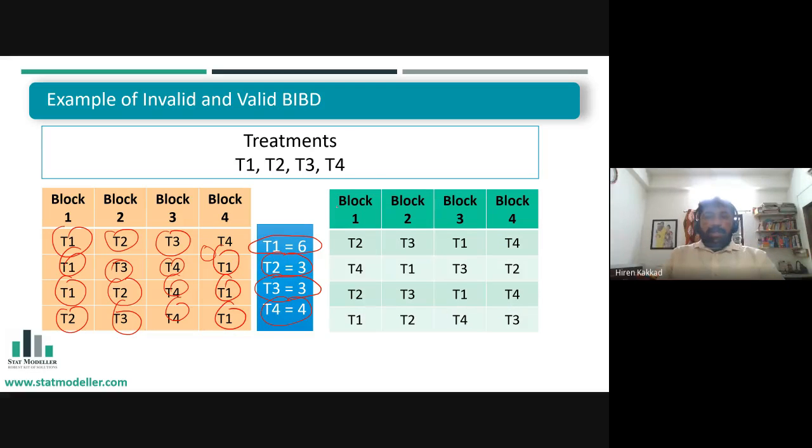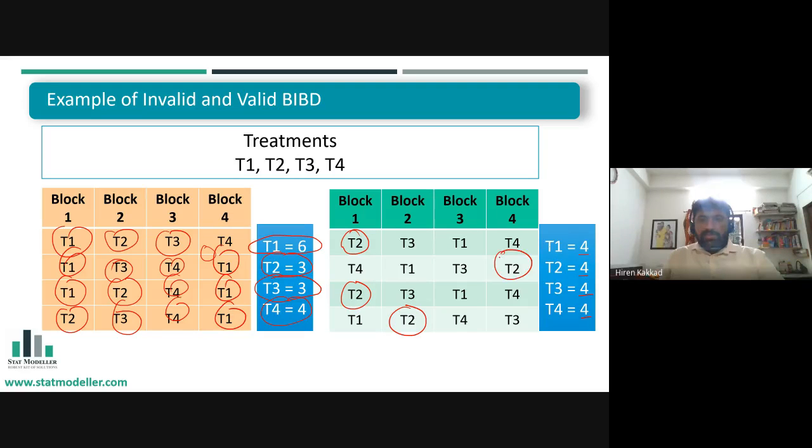Now in this situation, you can see this is assigned randomly, but if we do the calculation, T1 repeats 4 times, T2 4 times, T3 4 times, and T4 4 times. So this is how it is balanced.